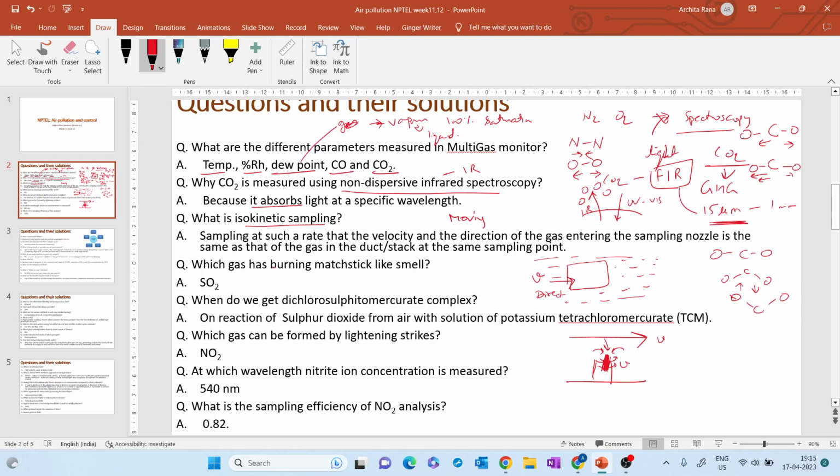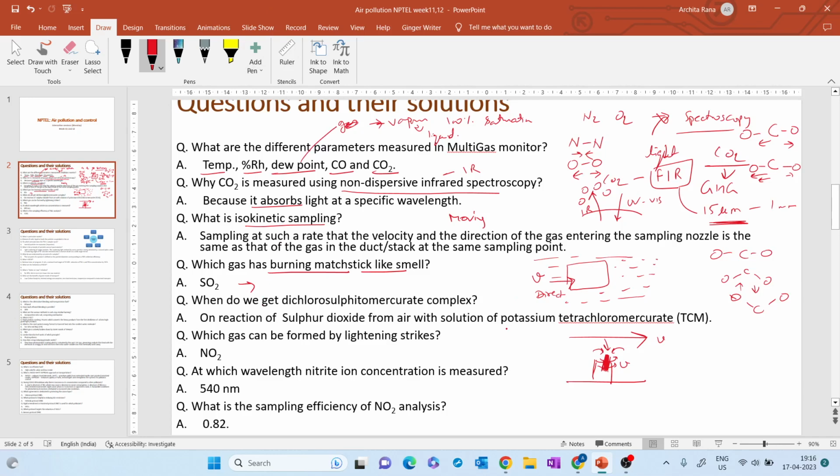SO2 similarly has a burning matchstick kind of smell, and it is kind of an indicator. It's not like carbon monoxide, which is basically odorless. If there is any burning around you where a lot of SO2 is being produced, you can actually identify it, because it has the same smell as a fire when you burn or light a matchstick.